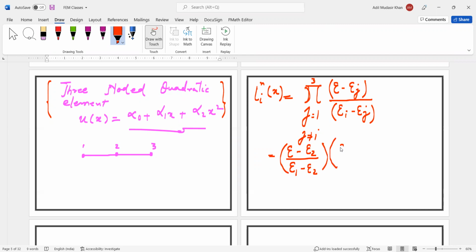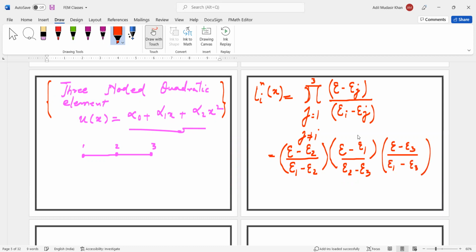In multiplication will be (zeta minus zeta 1) divided by (zeta 2 minus zeta 3), and the last term will be (zeta minus zeta 3) divided by (zeta 1 minus zeta 3).